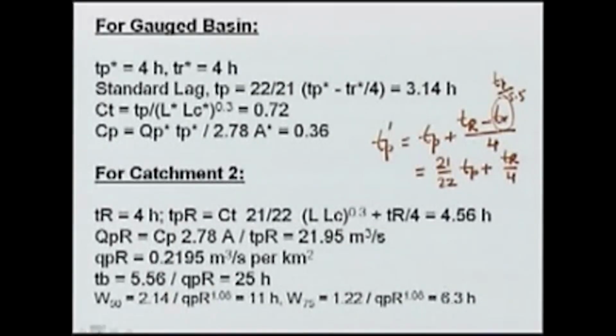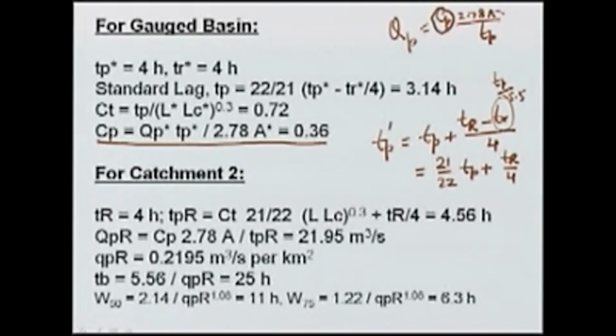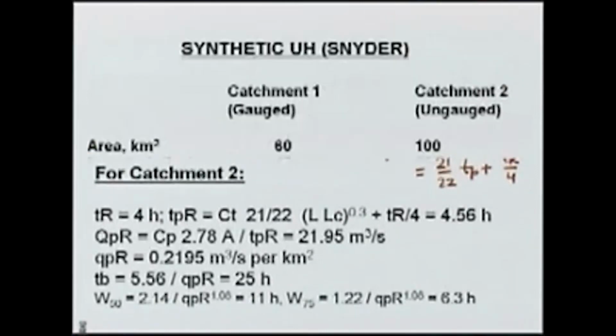The other relationship which has been used to obtain the discharge, the peak discharge, is given here, in which the peak discharge Qp is given as Cp into 2.78 A over Tp. So, Cp is also another constant which we can obtain for the catchment 1.